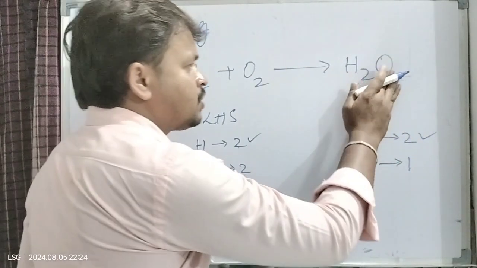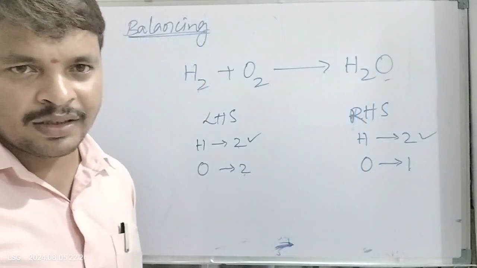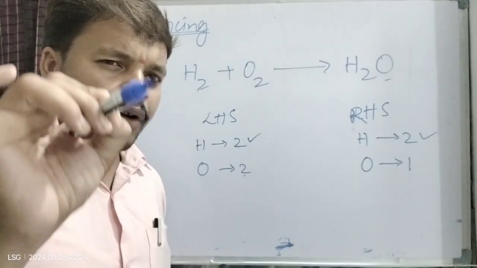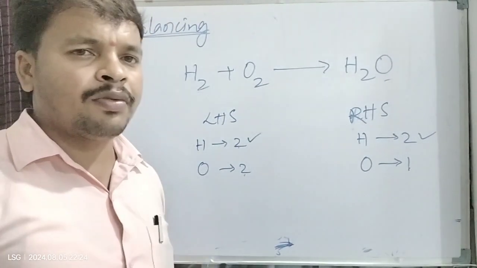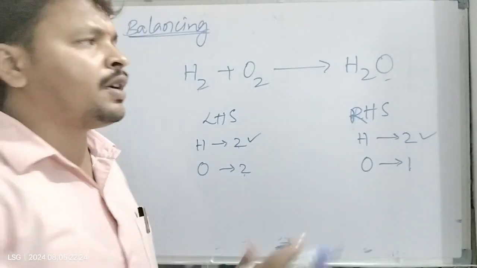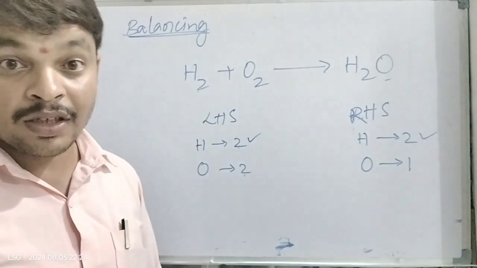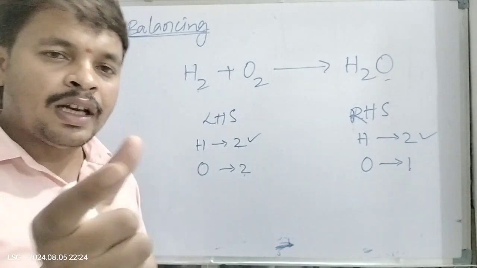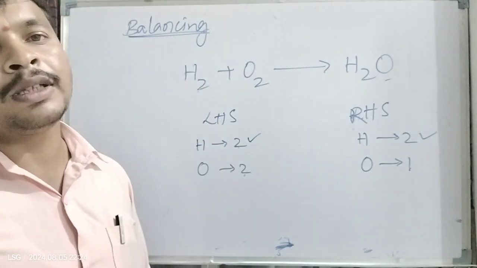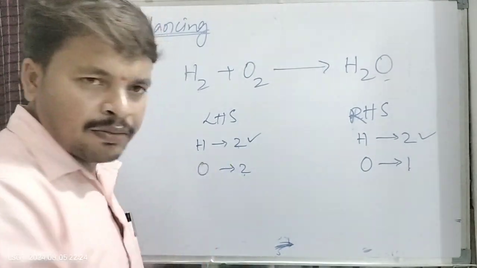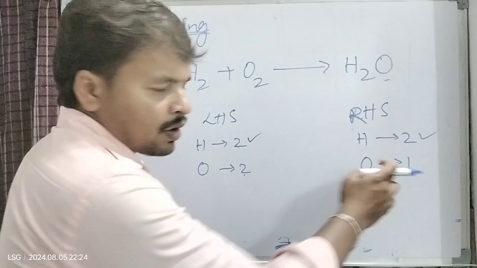Wrong it is. You are not supposed to write like this. See, one thing you remember that if you are going to add any number in the chemical equation, that must be written in the left of the compound or the element. That must be written in the left side of the compound or the element. Suppose here, now see there, here 2 oxygen must be done in the product side.